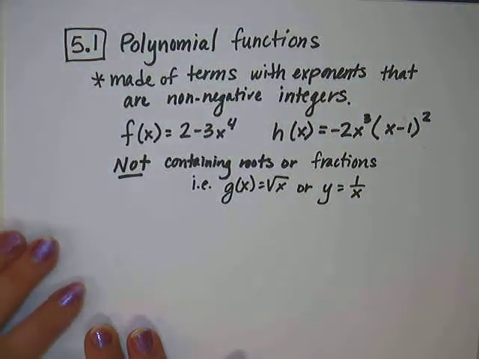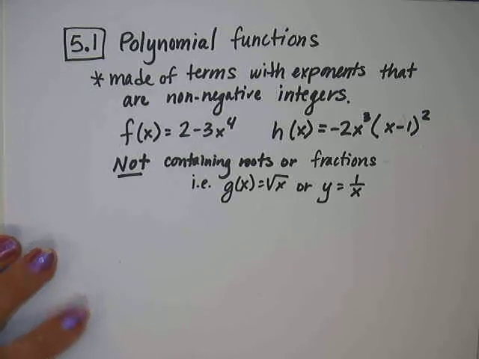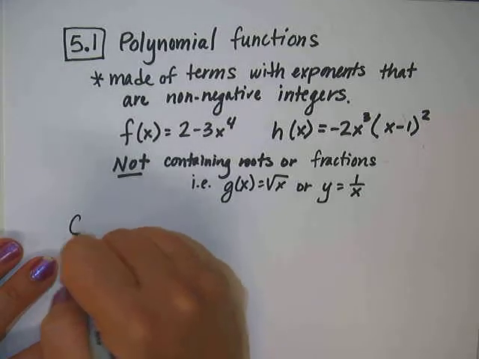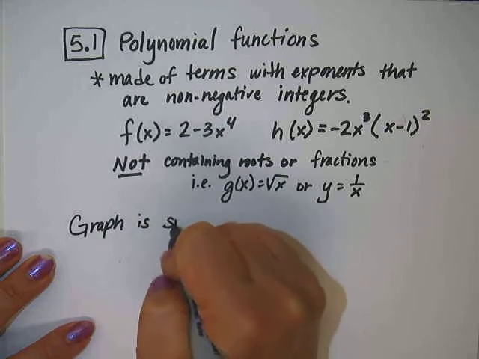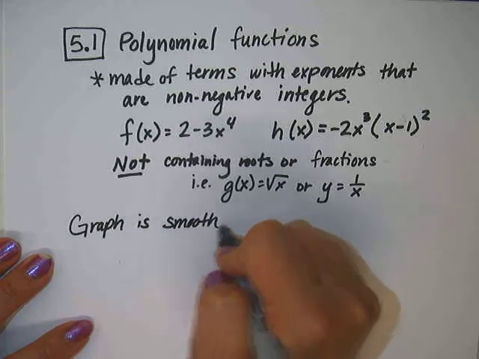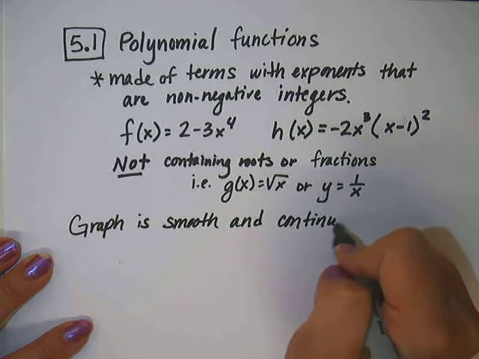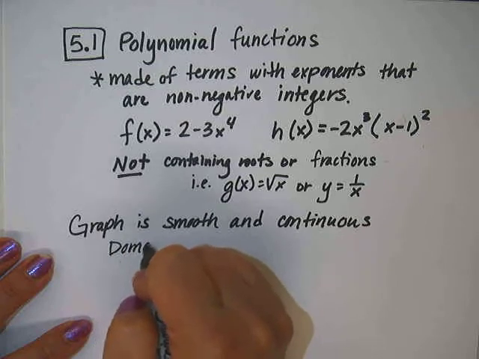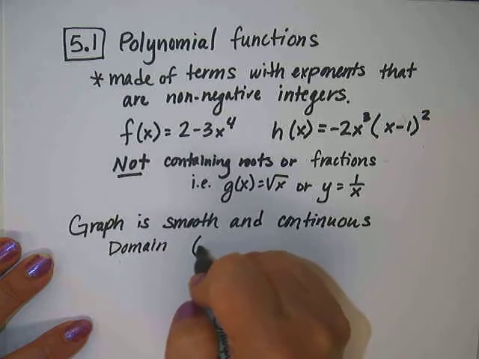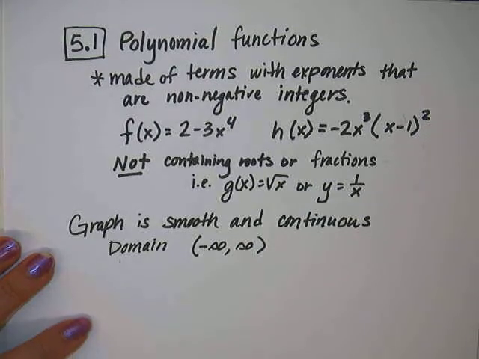Okay? One of the main characteristics of polynomial functions is that the graphs of polynomial functions are smooth and continuous. There are no holes, no asymptotes. Graph is smooth and continuous. And since there are no holes and no asymptotes, the domain is always, always, always all real numbers.